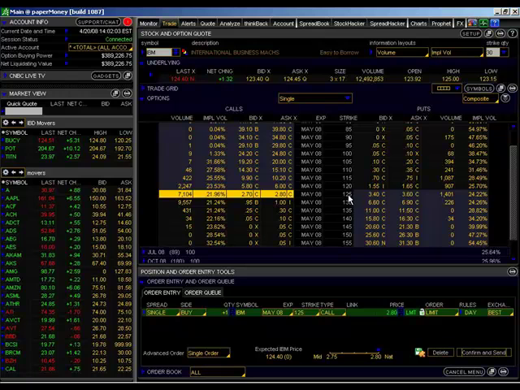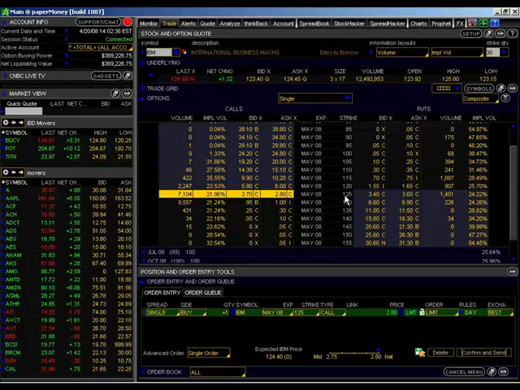The premium that you're paying, the $280 for that one contract that gives you the right to buy 100 shares of IBM, will expire the third Friday of May. So right now you're purchasing the right, but not the obligation, to purchase IBM at $125.